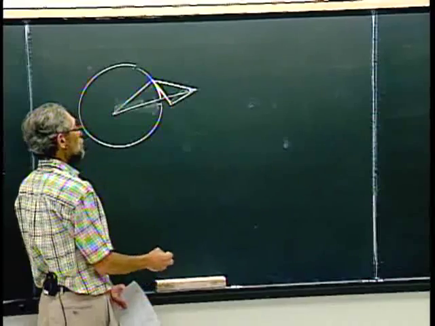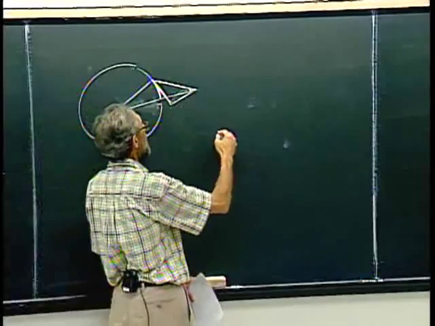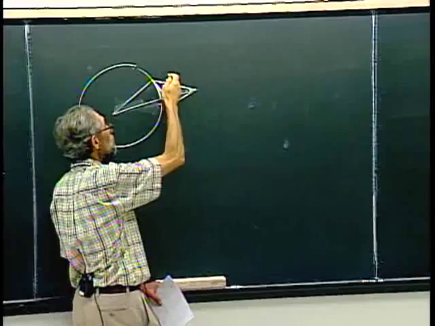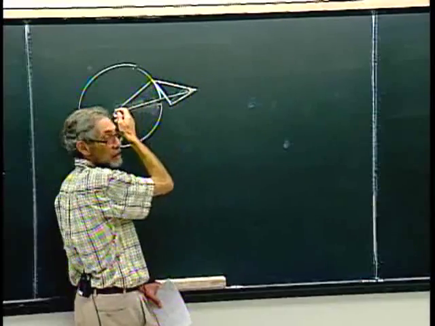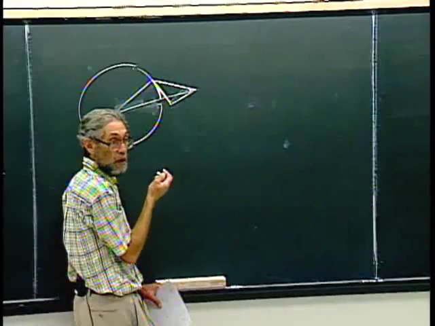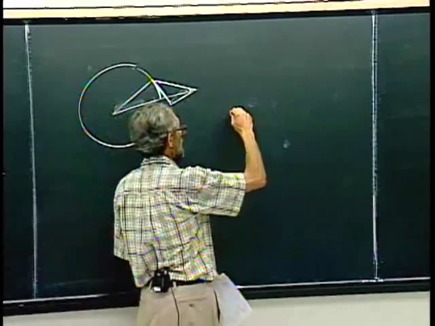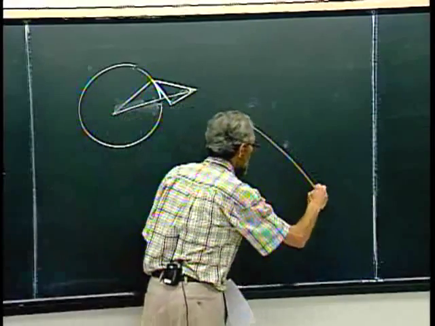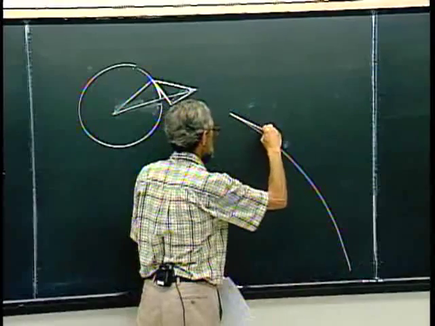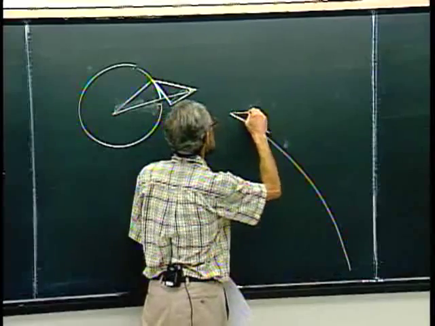So maybe what I should do to convince you that that's true, because in this picture it certainly doesn't look like it, is that as this ratio of this size to the radius of the circle gets smaller, it's a better and better approximation. Because now I'm not even convinced, although I was when I was writing the notes. Suppose I have something like this, and here is the tangent thing, and here is my tilted thing.